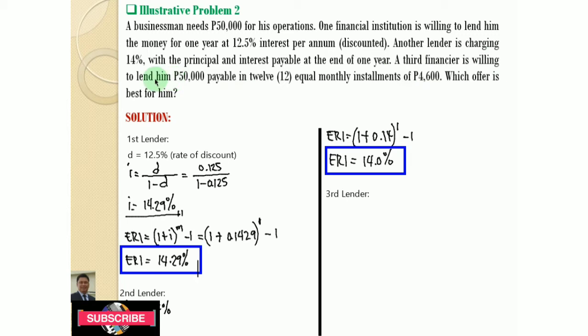Actually, this 50,000 is our principal or the present worth. So since the present worth or the principal amount is given, we can go directly with the formula from our previous lecture, considering here case number 1, since our installment is given with A equal to 4,600 and P, the principal, of 50,000 pesos.